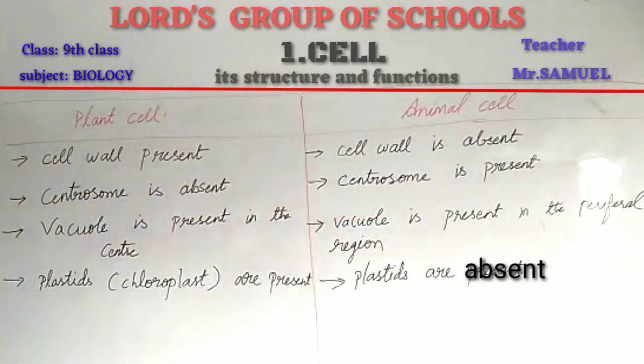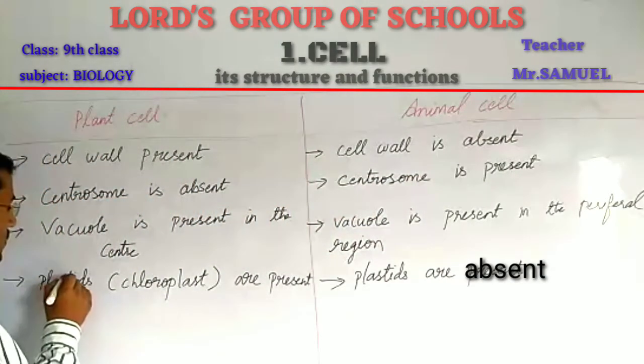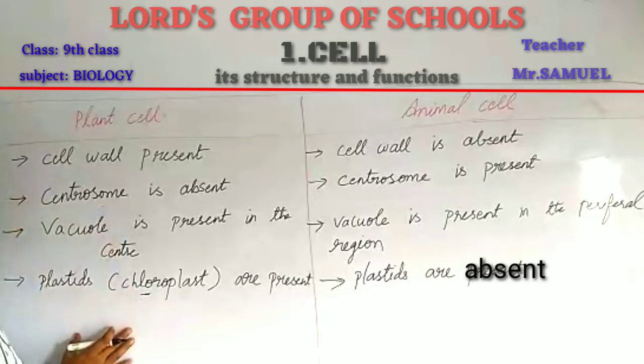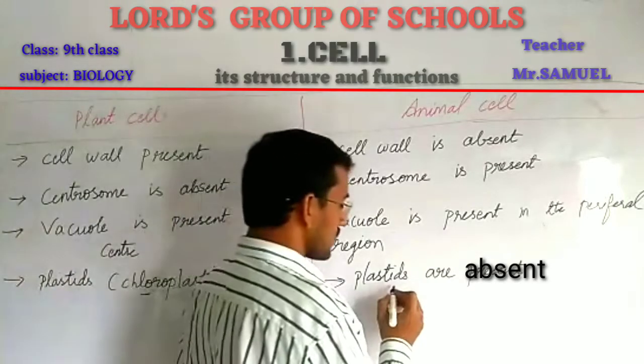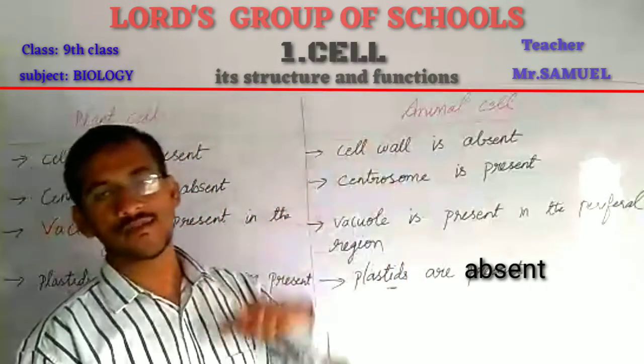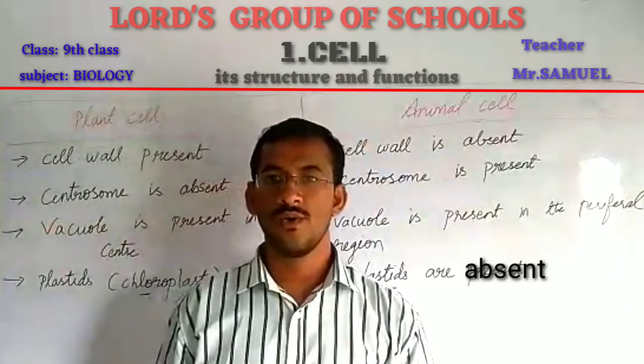Plastids are absent. So because plant cells have chloroplasts, they can prepare their own food. Here plastids are not present, that's why animal cell will not prepare their own food.